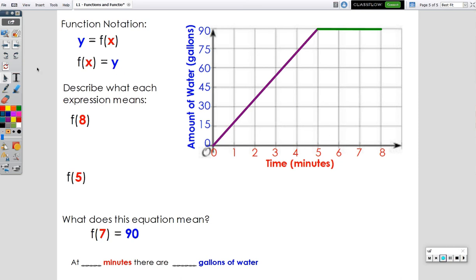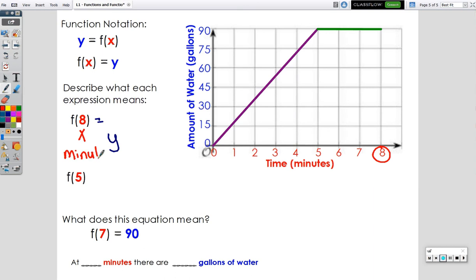Okay? So the function of x, so the amount of time that has passed, is going to be equal to the gallons we have. So when we look at this, we know that anything inside our parentheses is referring to our x values. So function of 8, that's like saying at 8 minutes. At 8 minutes, we want to know what's our y value. Okay, so our x is our minutes.